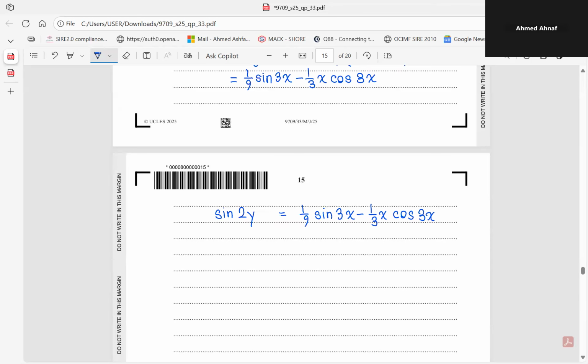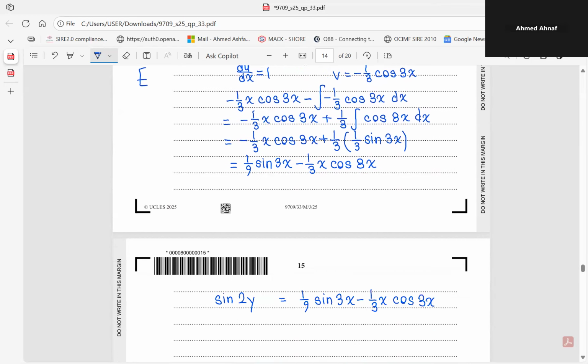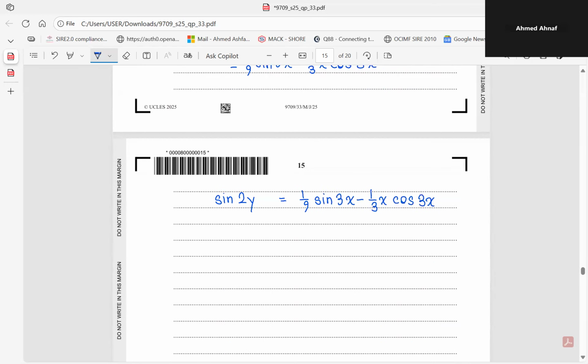In case you're wondering why I left out the constant of integration, for the DE you can just put it on either one side, since even if you remove the constant of integration from one side, it will go on to the other side. So I'm just going to let it be in here.